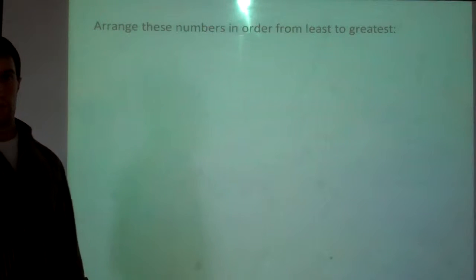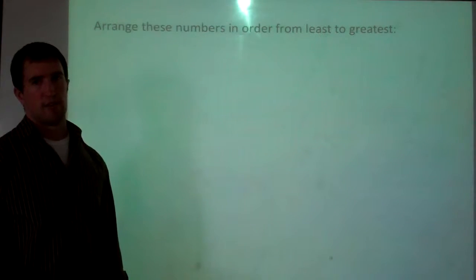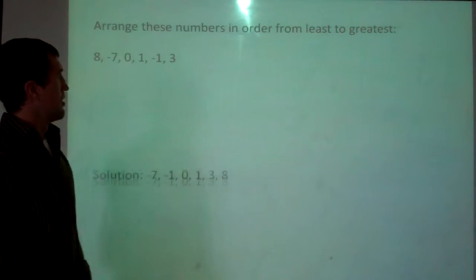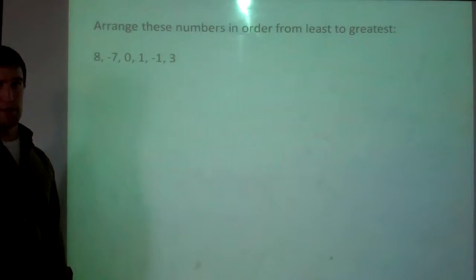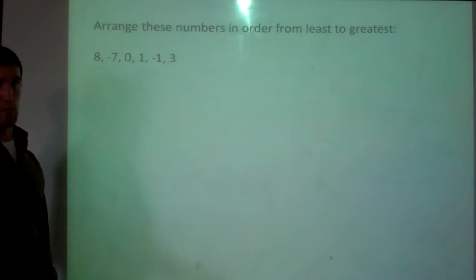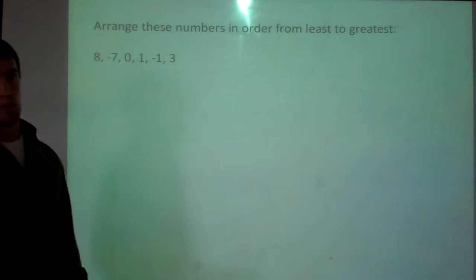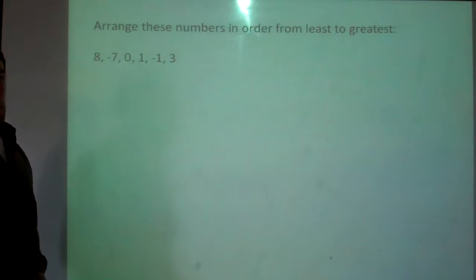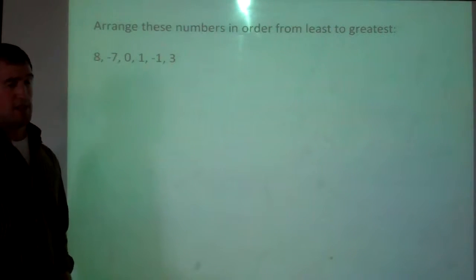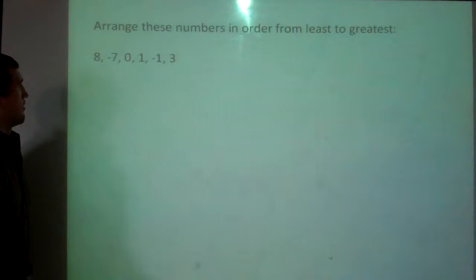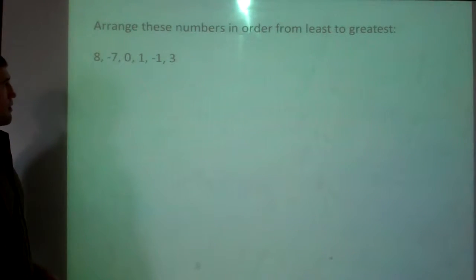Alright, so with the number line, as we said, we had negative and positive numbers. So we want to be able to decipher which numbers are greater than others so that we can order them. It's good to know what's smaller and what's larger, and what's on what side of 0. So we have 8, negative 7, 0, 1, negative 1, and 3.